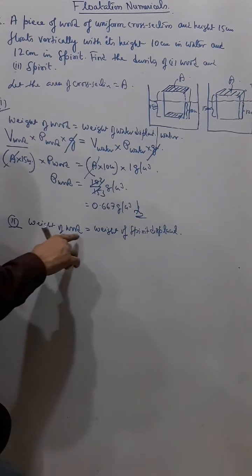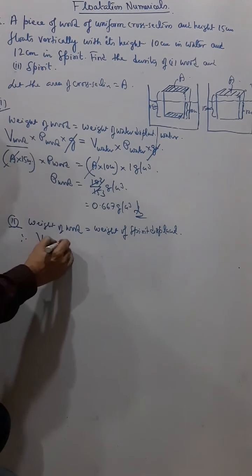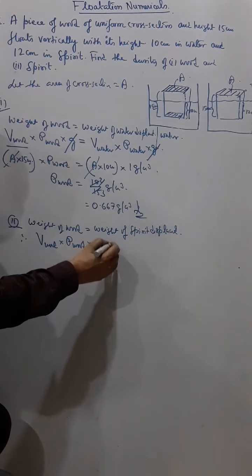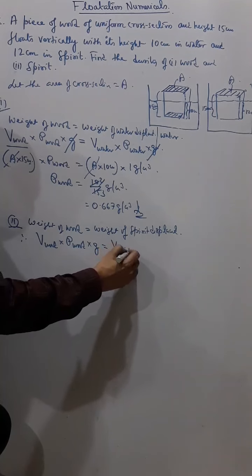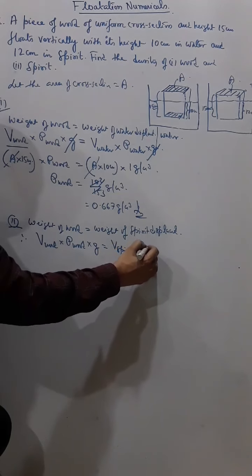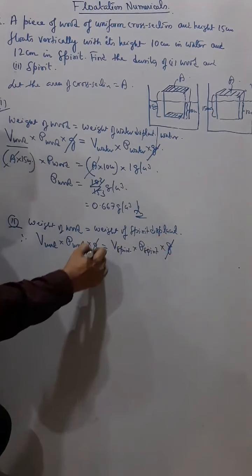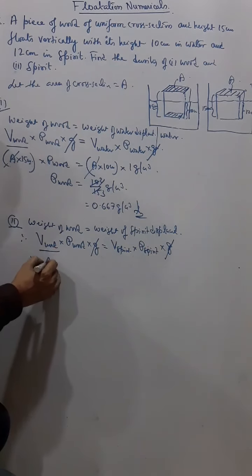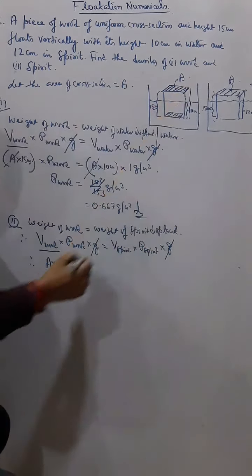Weight of wood again means volume of wood into density of wood into g, and weight of spirit means volume of spirit displaced into density of spirit into g. So again g and g get cancelled. Volume of wood again means area of wood into the height of wood. Height of wood is again 15.